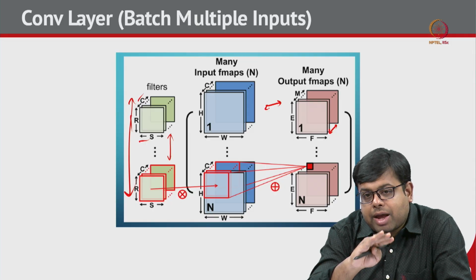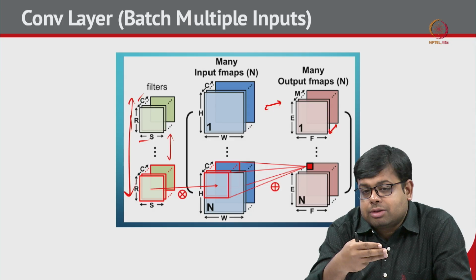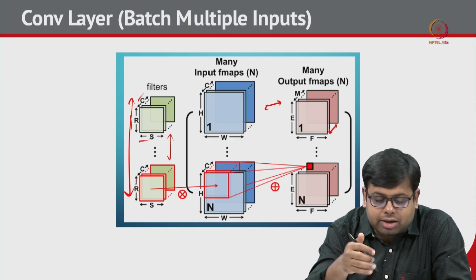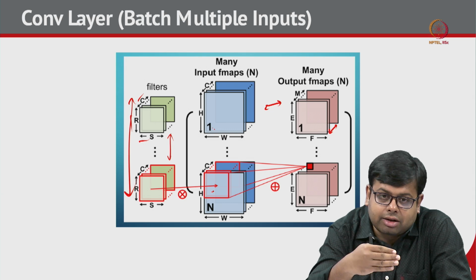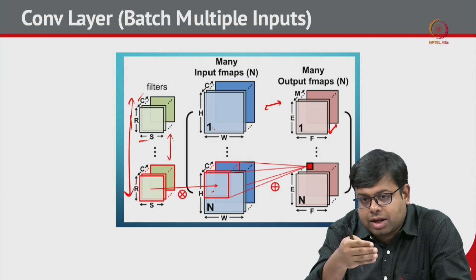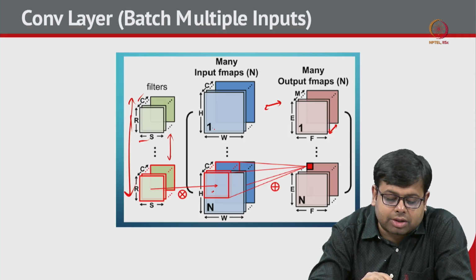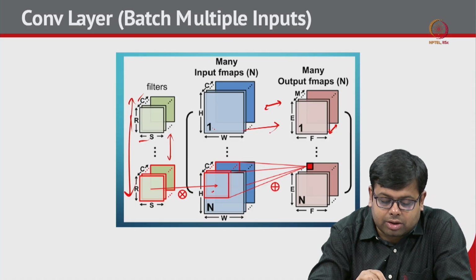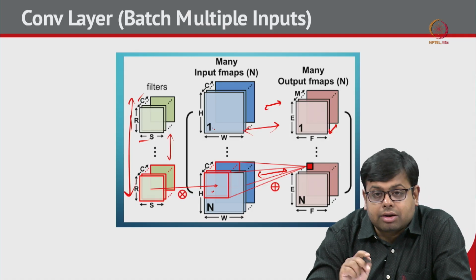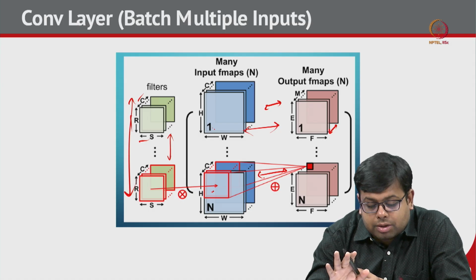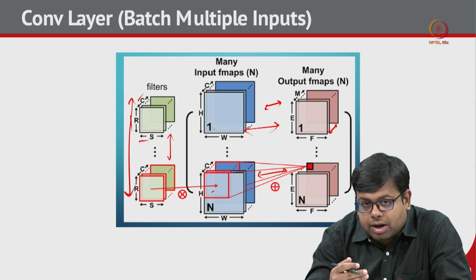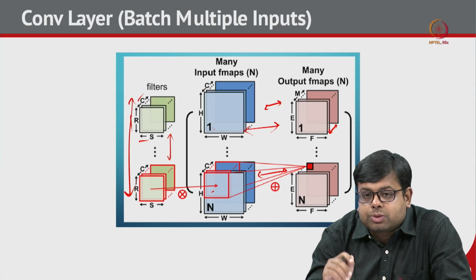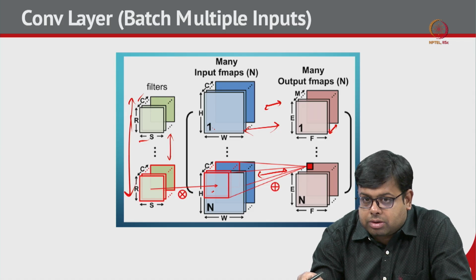As I was saying, batching means we are performing the inference on multiple inputs. In this case we have n inputs, 1 to n. If you have n inputs, of course we should have n outputs, from each input one output. The main point is we can do batching. So in this case we have prepared a batch of n inputs which will generate n outputs.